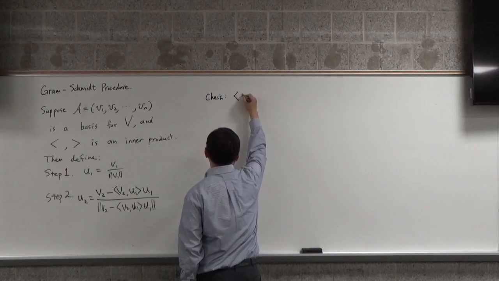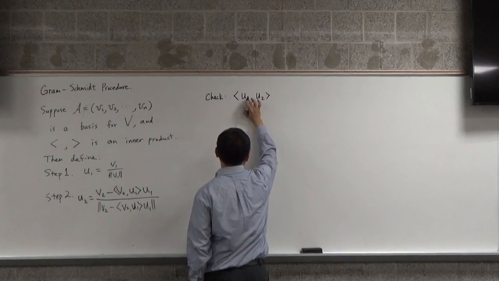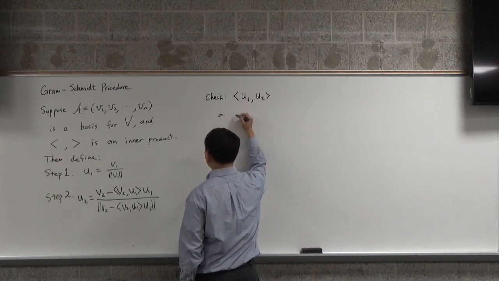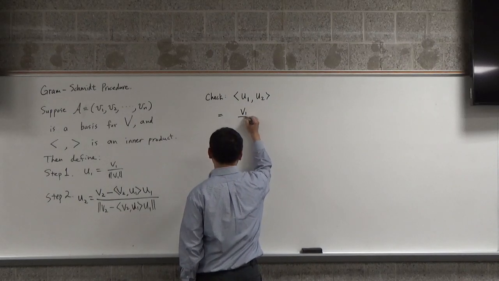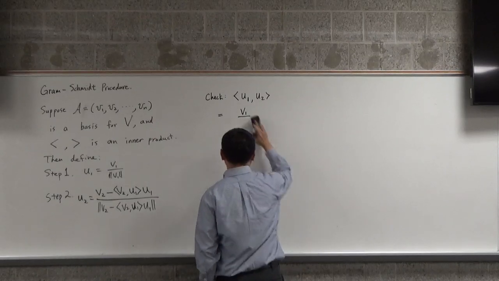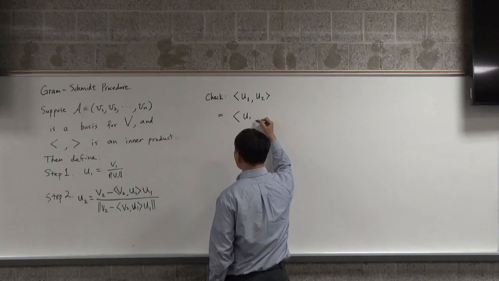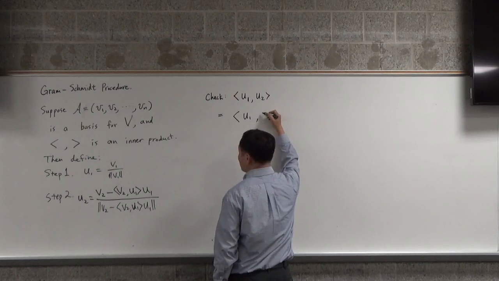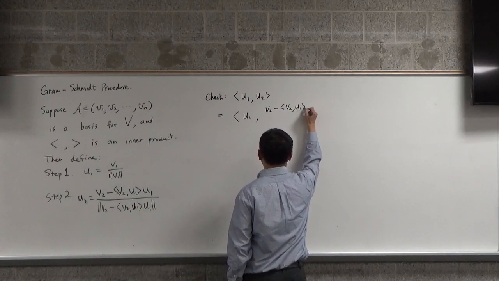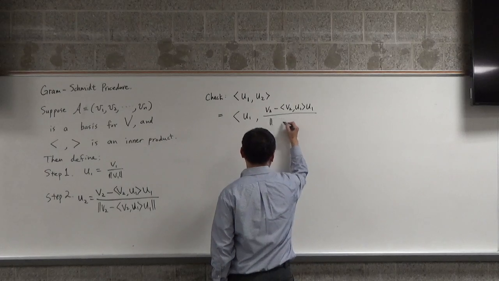Now, check. Let's see what we get if I do the inner product of u1 with u2. I don't need to actually rewrite u1, I'll just leave u1 as u1. I'll replace u2 with v2 minus the inner product of v2 and u1 times u1, over the norm of something.